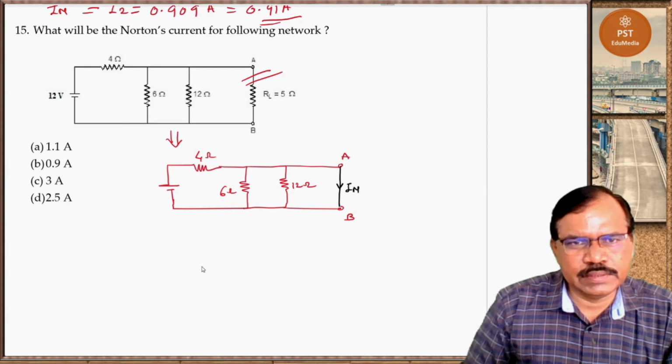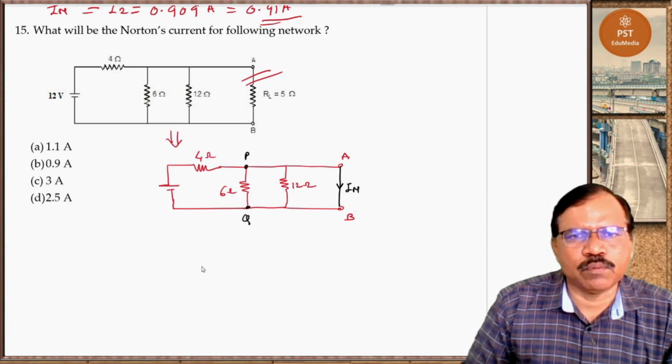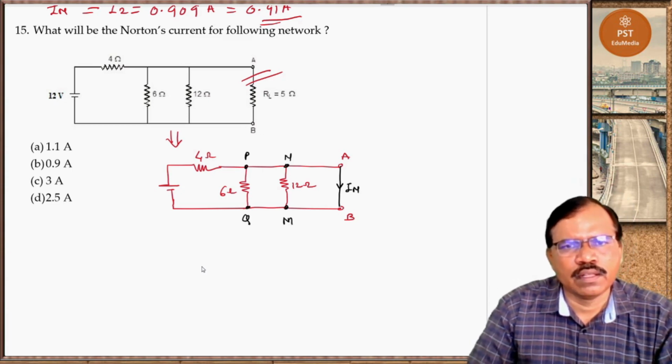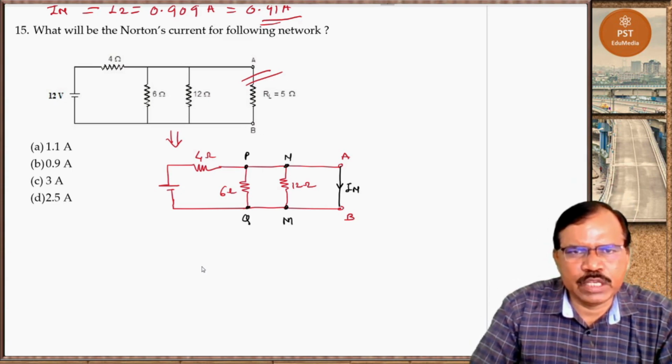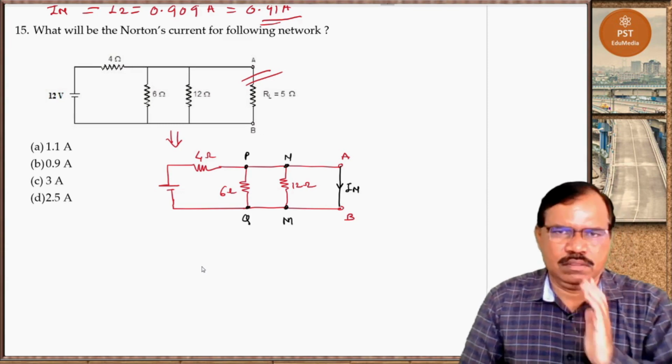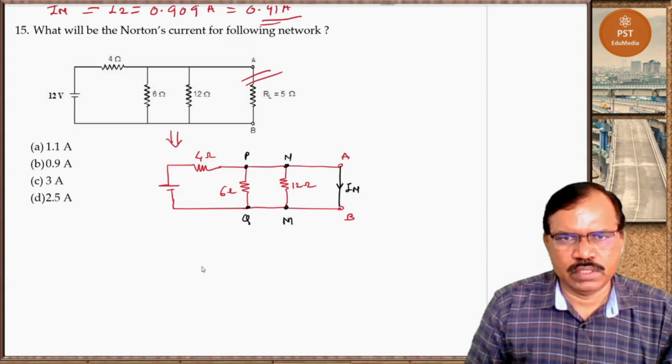Now what happens? If we see carefully, suppose we take this point as P, this point as Q, and this point as N, and this point as M. Now if we see PQ, NM and AB, they are parallel.